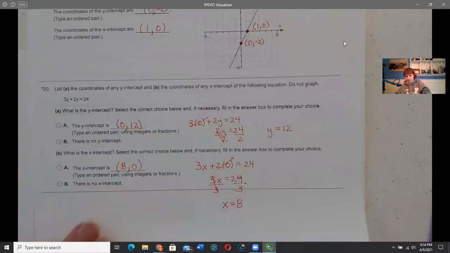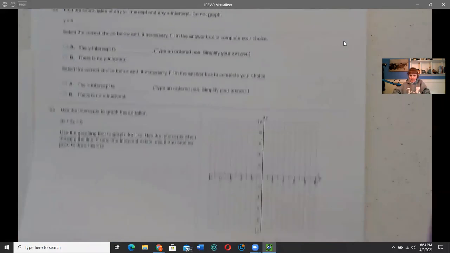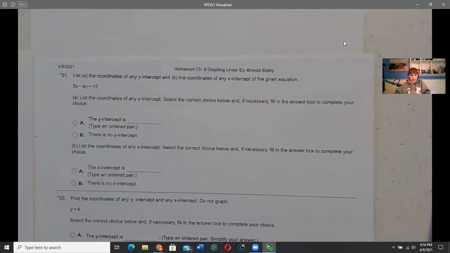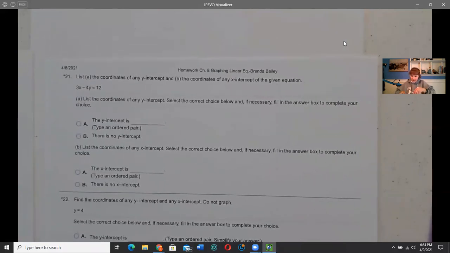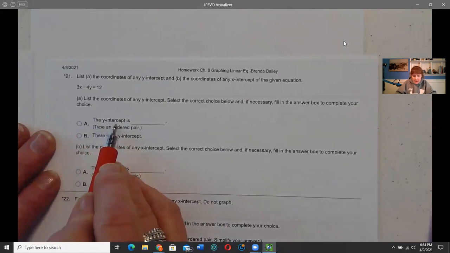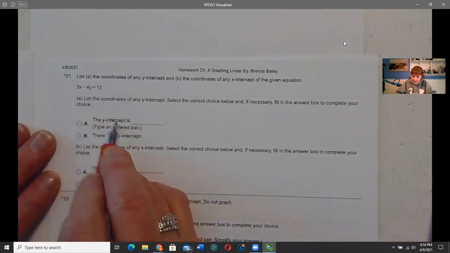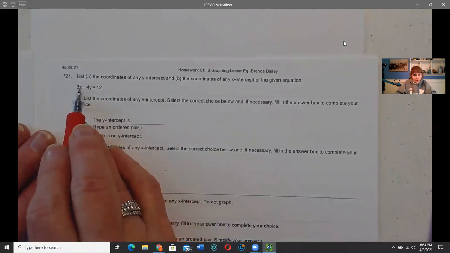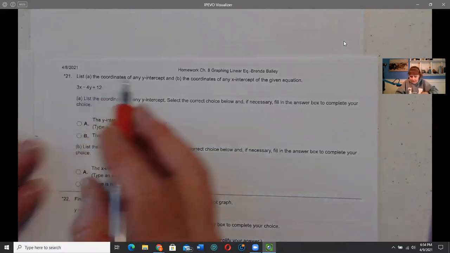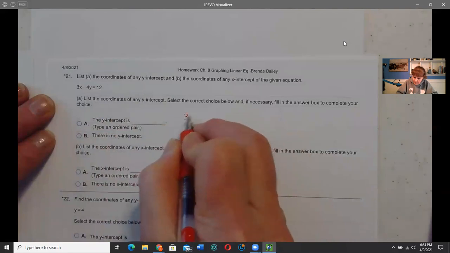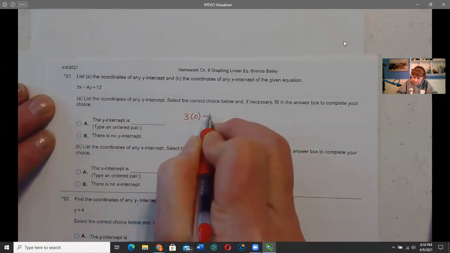Okay, let's see if we have another one to try. We do. We have actually 2 more. Okay. Let's find the y-intercept for this equation. To find the y-intercept, I'm going to make the x 0 and then solve it for y, which means I'll have 3 times 0.